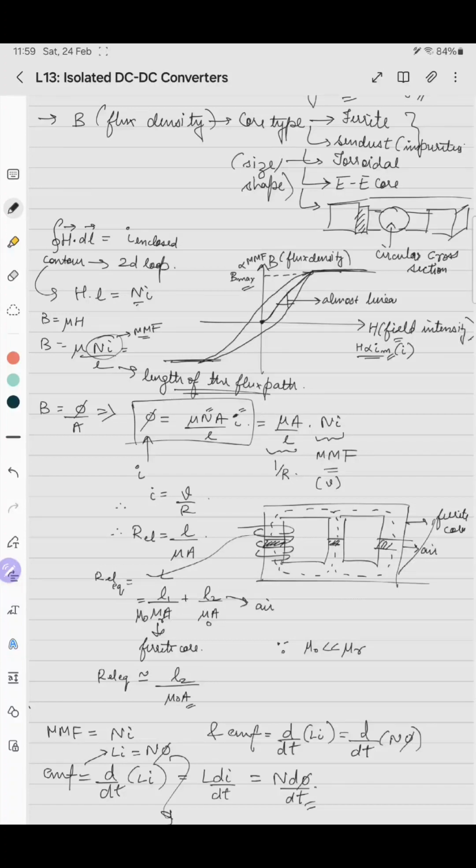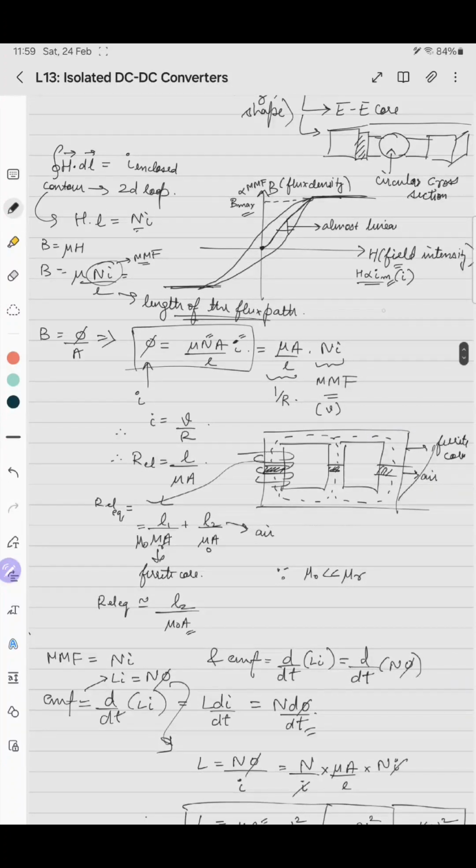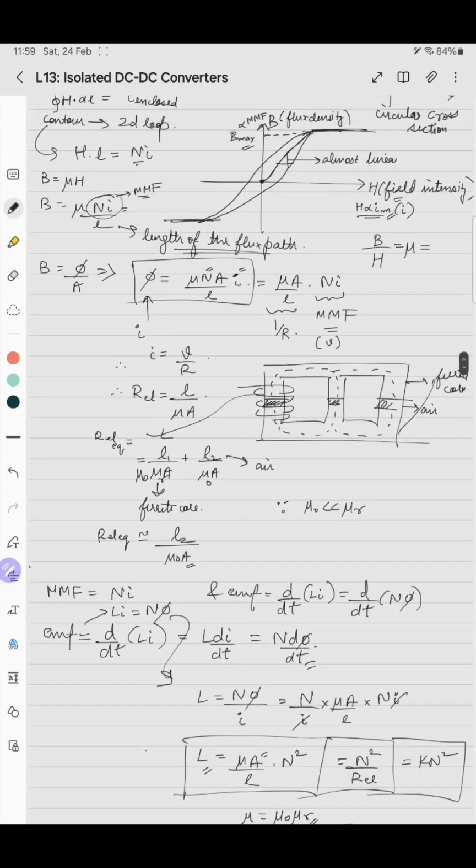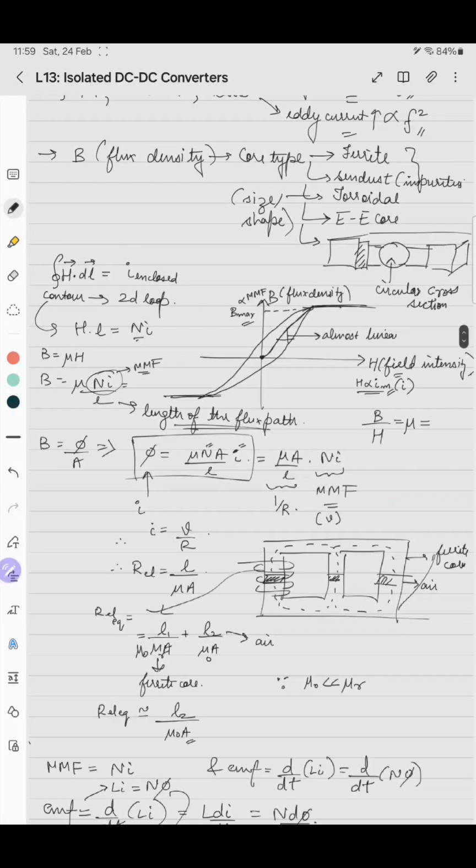So how to prove that B by H, which is mu, should equal... we already saw that H is directly proportional to I, therefore H equals some K1 into I. Similarly, if in the denominator we have I, we have to have a term in the numerator so that the ratio of this term by I equals mu.